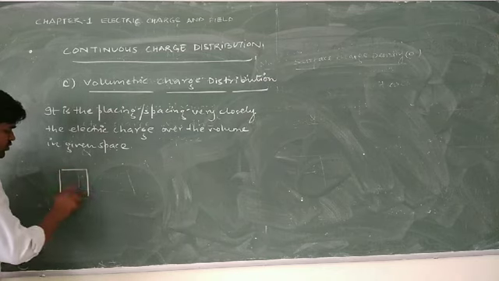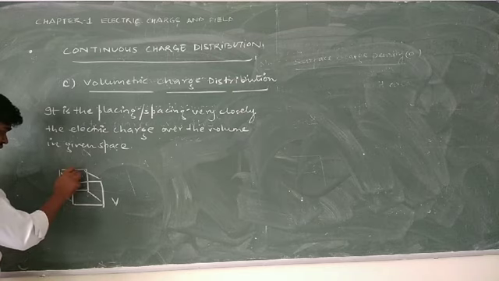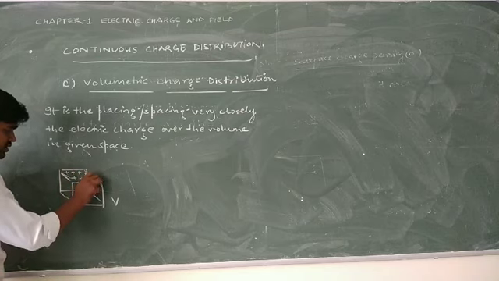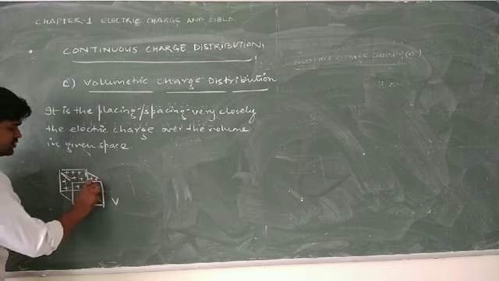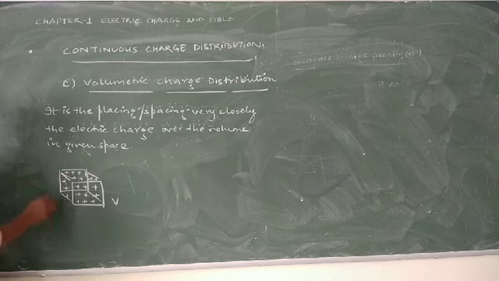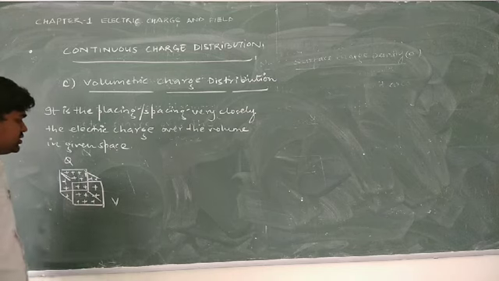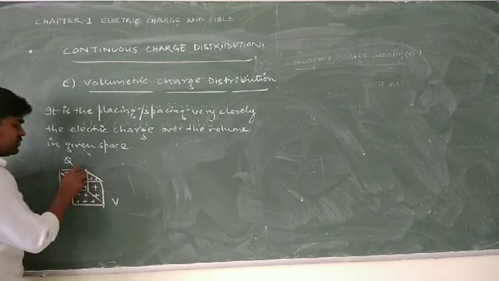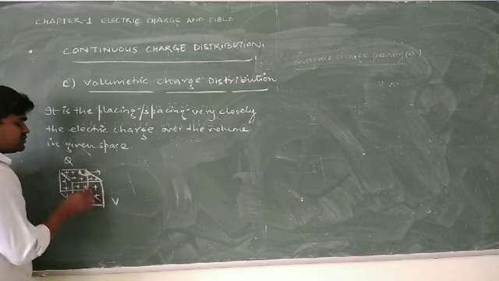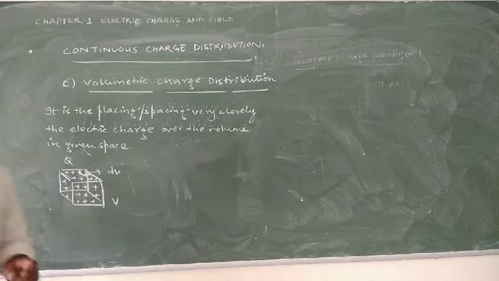If we have a cube which has total volume V, and we place the electric charge very closely over its volume V. Suppose we have a total charge Q that is spaced or placed over this volume, and we assume that we have a small volume element, that is dV. dV represents the volume element.